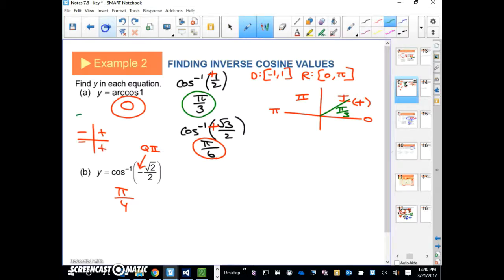But because my range is from 0 to pi, that means that there is no third and fourth quadrant. We're not even looking downstairs at all. So we're just looking at quadrant 1 or 2, and that negative is pointing me towards the second quadrant. So what I've got is a pi over 4 in that second quadrant.